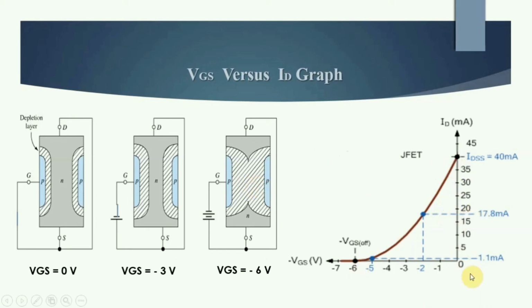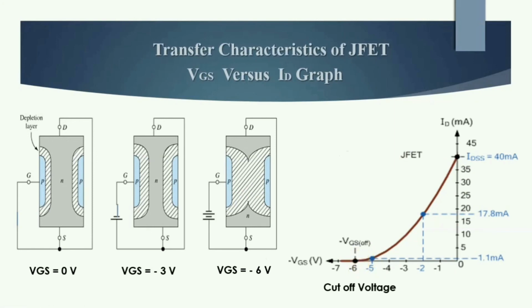This VGS versus ID graph is called transfer characteristics of JFET. The value of VGS for which drain current ID becomes 0 is called cutoff voltage. It is referred as VGS off.